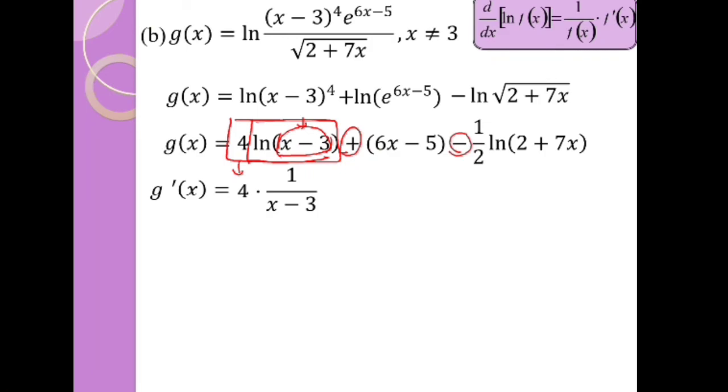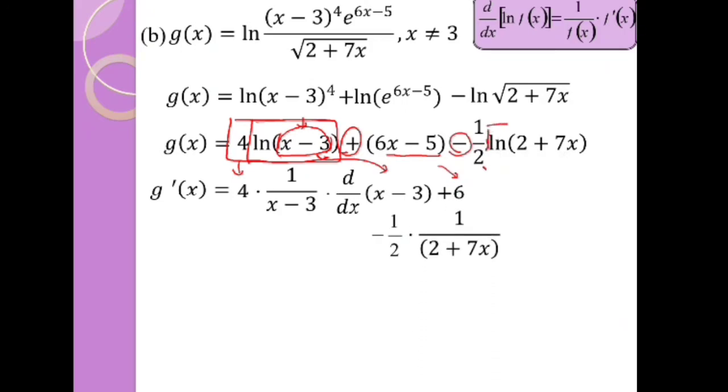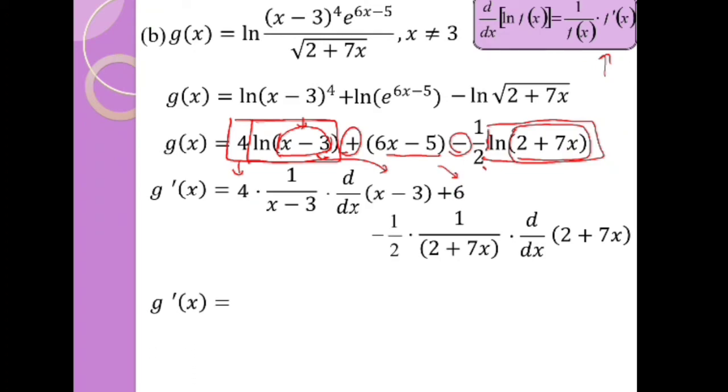And you can write multiplied with d over dx, x minus 3 as the function, plus, when you differentiate 6x minus 5, only 6 is left, minus, this is a scalar, so just write down 1 over 2 in front, and this is natural logarithm, so you have to use this formula to differentiate the logarithm, 1 over the function multiplied with the d over dx of that function 2 plus 7x, and then the next step is to differentiate what's in the bracket of d over dx and write everything else in front.